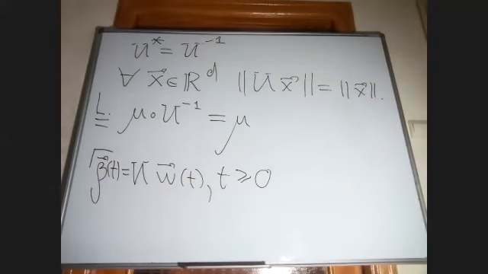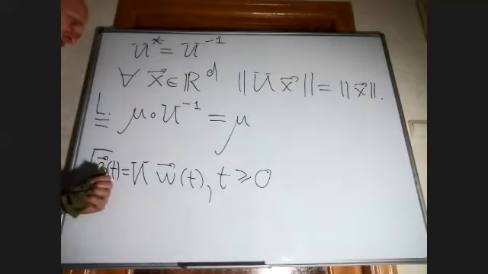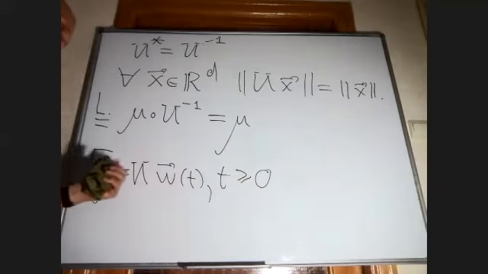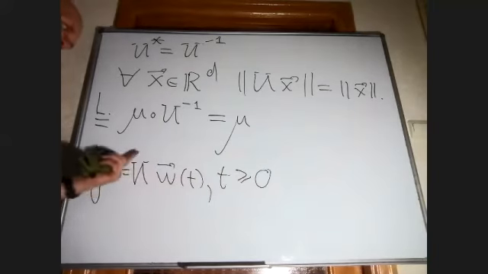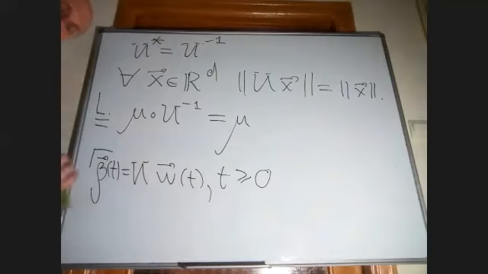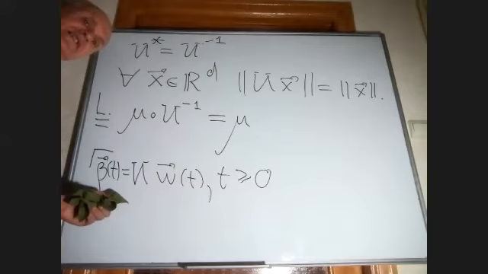To understand this, it is enough to understand that this is a Gaussian process, and it is true because its values are just linear transformations of the values of W. So it remains Gaussian, and it is enough to check its characteristics.